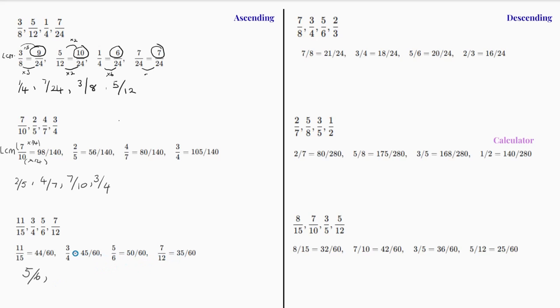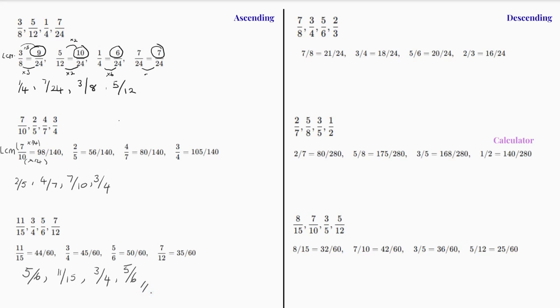Going up, the next one is going to be 11/15. Next one is going to be 3/4. And finally, the biggest is going to be 5/6. So that's it, they're ascending.